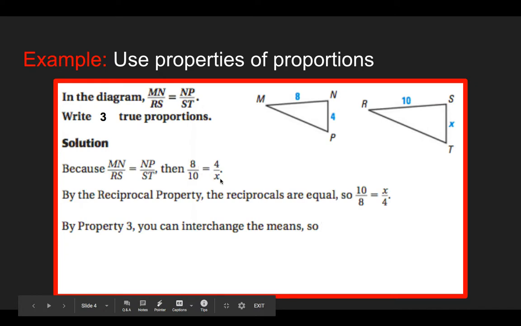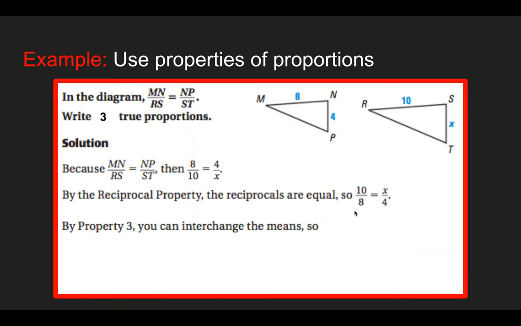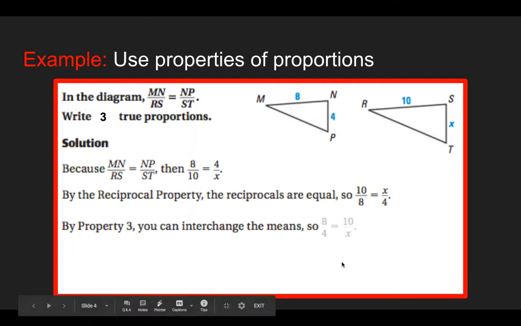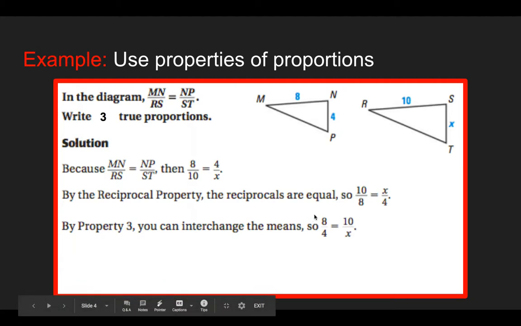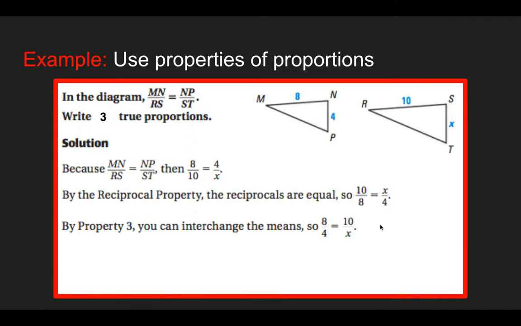So this would be 8x is equal to 40, and this would be 8x is equal to 40. In property 3, you can interchange the means. So I'm just going to swap the place of 10 and 4, and it's going to become 8 over 4 is equal to 10 over x. And again, 8x is equal to 40 when I multiply those means and those extremes.